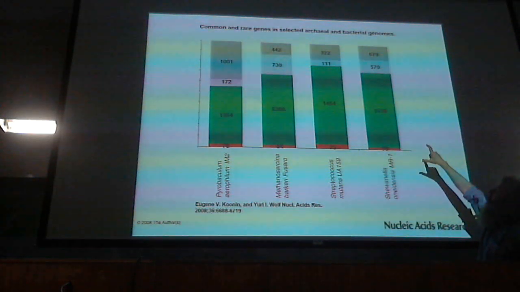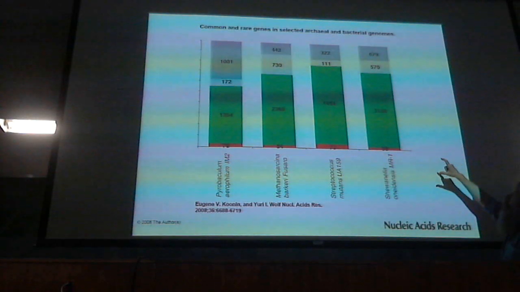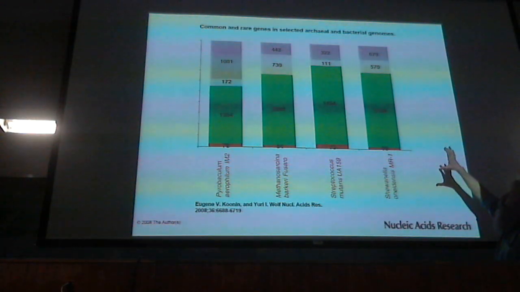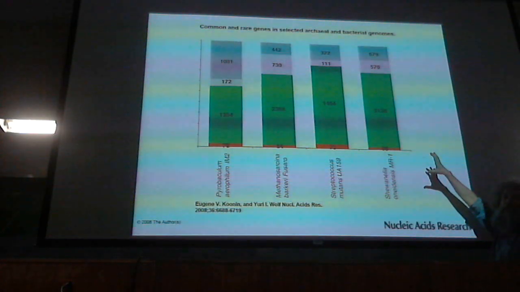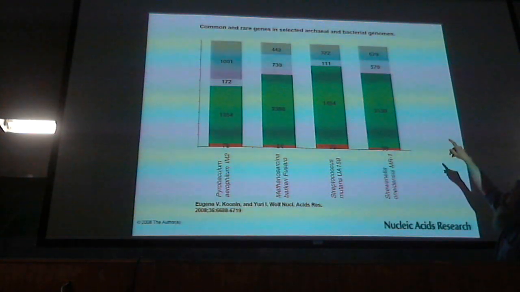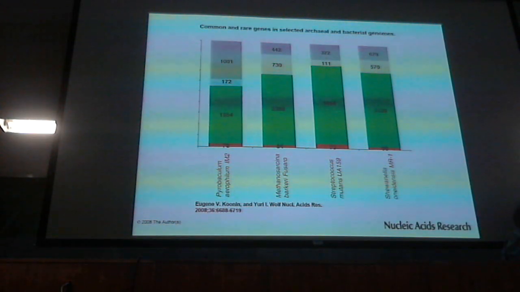The largest fraction are genes which are universal within the given taxonomy group. And then you have a few genes from the periphery and a few unique genes.